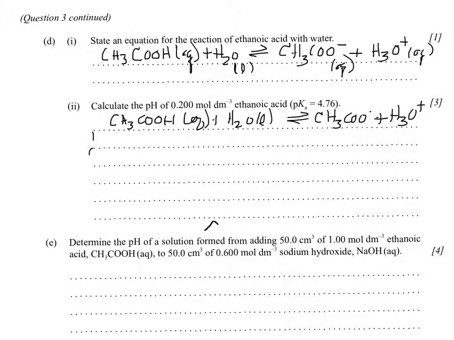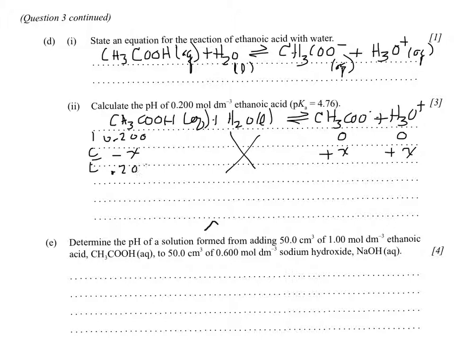Remember, in an ice table, you have to have concentrations. It gives us the concentration of the acid. You assume initially that there is no dissociation of the acid. Remember, pure liquids and solids don't enter into your Ka. The equilibrium is going to shift to the product side because there aren't any products yet.